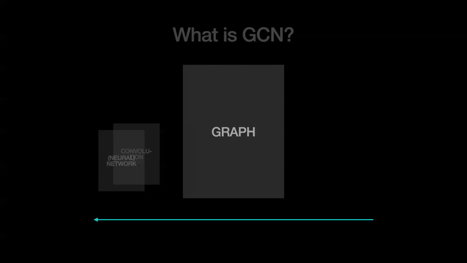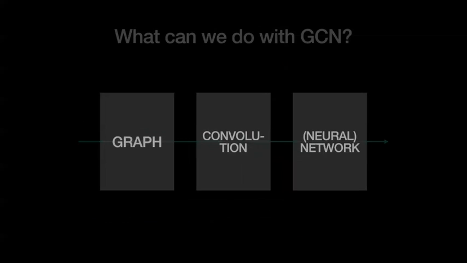So computer scientists developed the GCN because it is very powerful, right? Since we can represent a lot of important data as graphs, it is necessary for us to learn information, learn the structure, learn the features in these data. And that's what GCN is for.